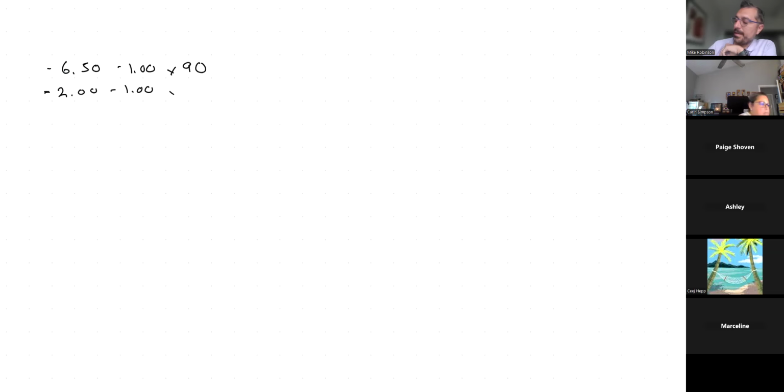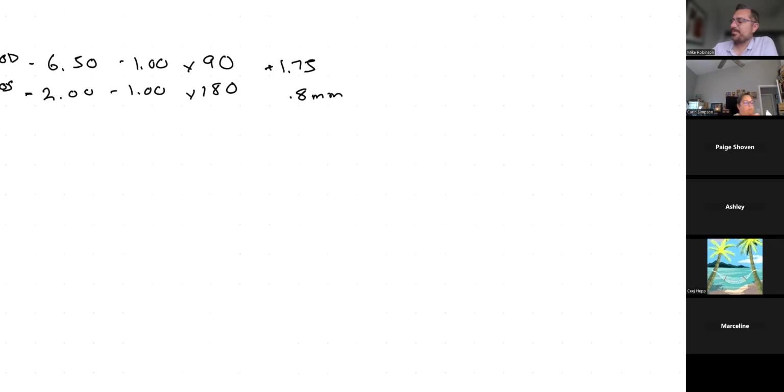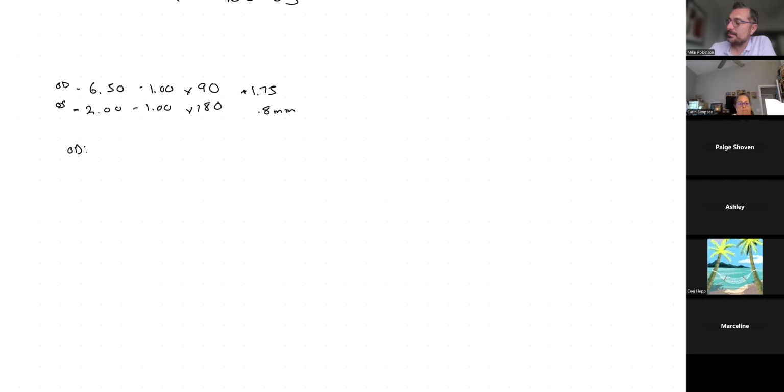All right, so the reading add is going to be 1.75 on this, and it's going to be 0.8 millimeters down for the reading. Sorry, I'm trying to, there we go. Did you mean for this, 8? It'll be 0.8 millimeters. Sorry, you're right. I see what I did. So 8 millimeters down.